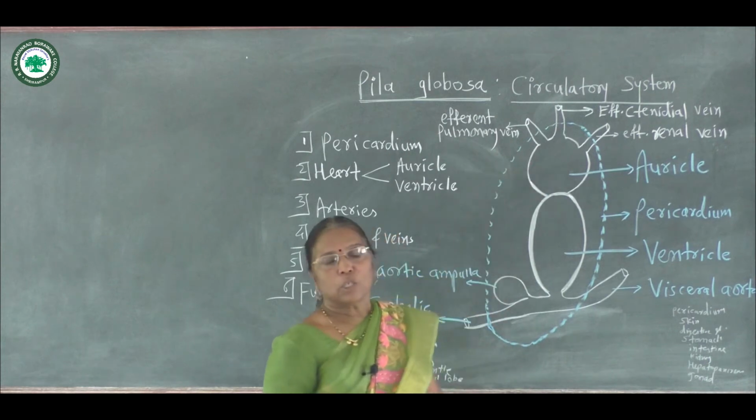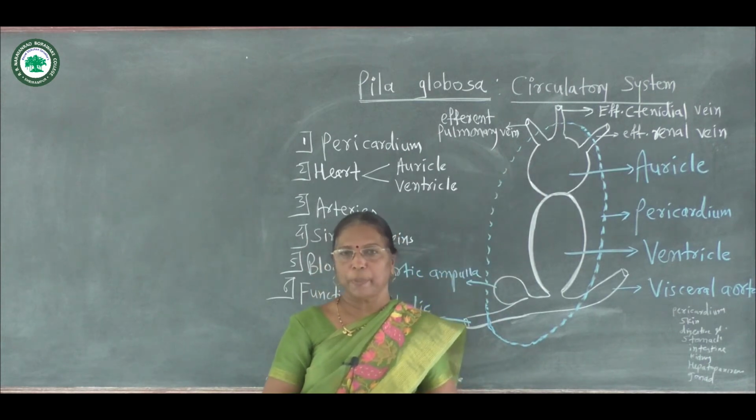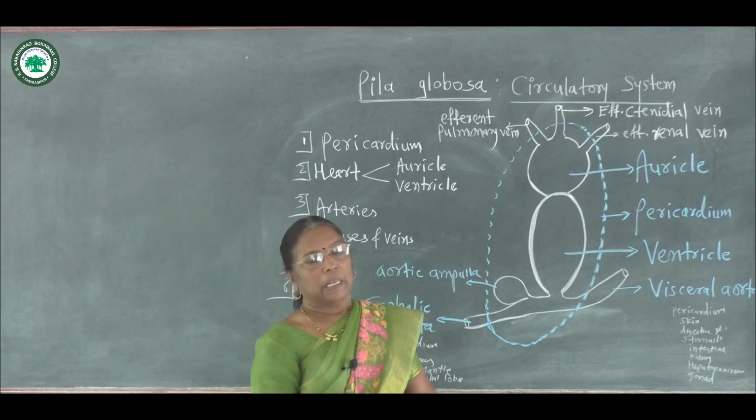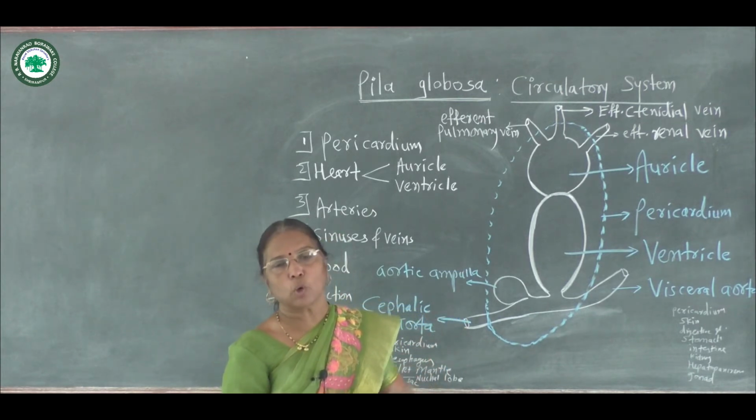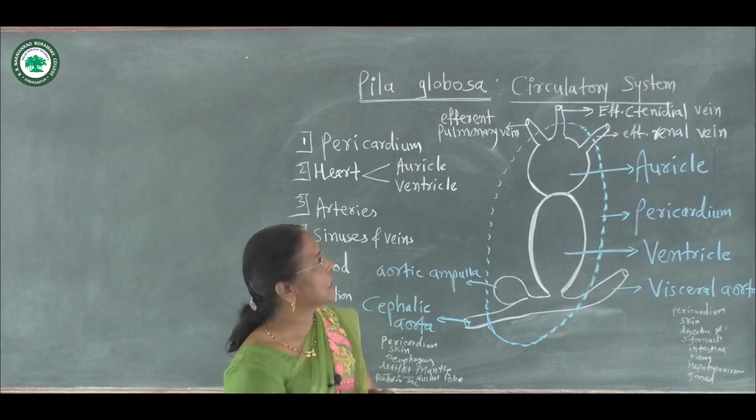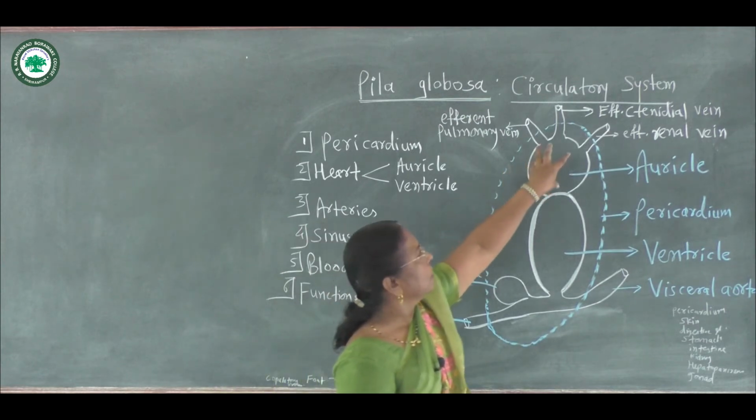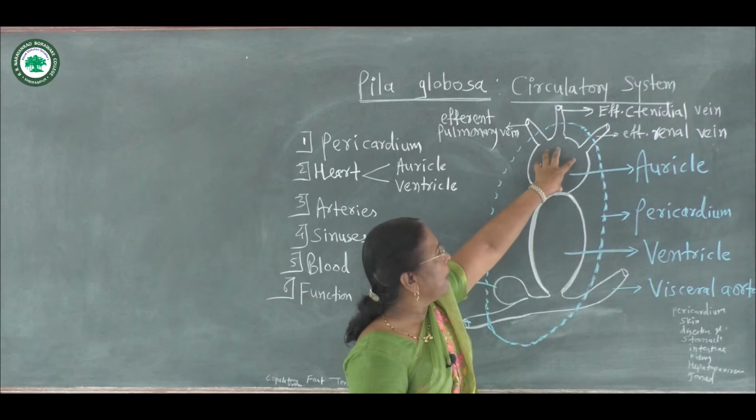The animal shows an amphibious mode of respiration. Hence, the circulatory system or blood vascular system shows quite a complication. Hence, the auricle shows mixed type of blood.